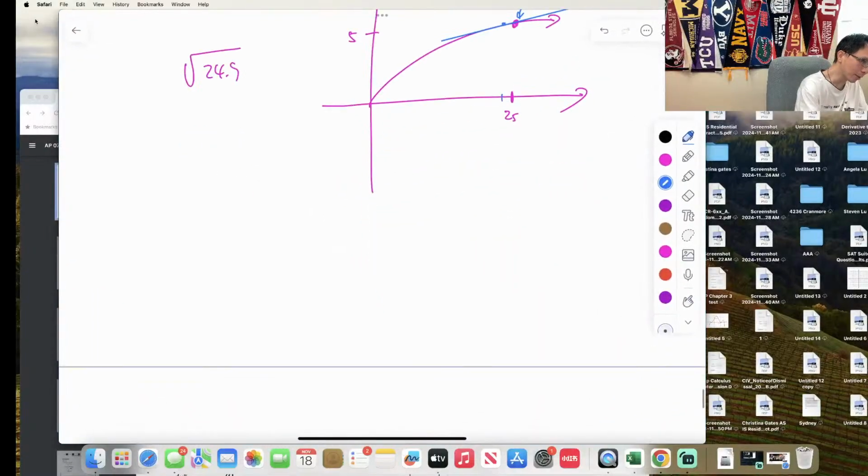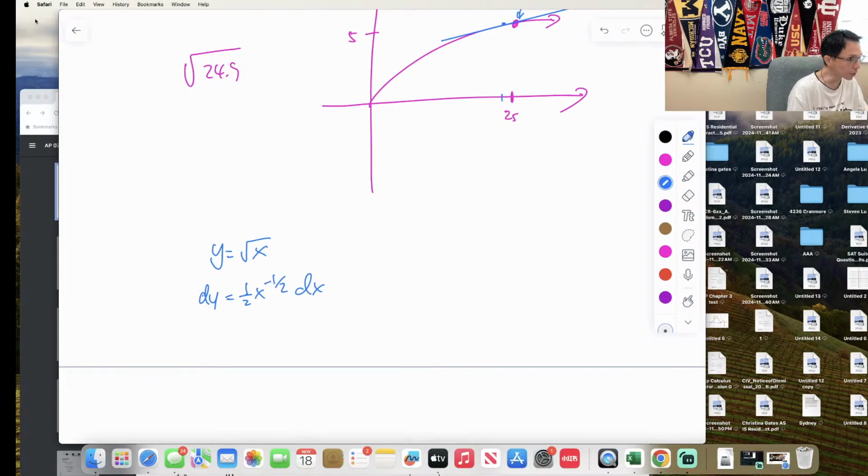So let's go back and look at the equation. We assume the equation is square root of x. And we can say dy equals 1/2 x to the negative 1/2 dx. So that's how much it changed. Or we can figure out the slope.